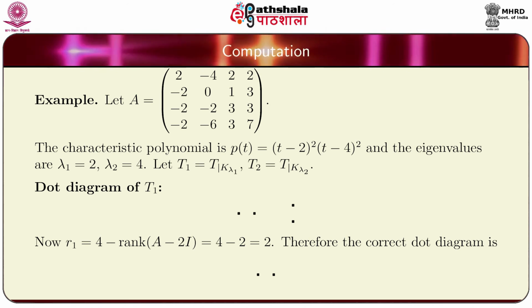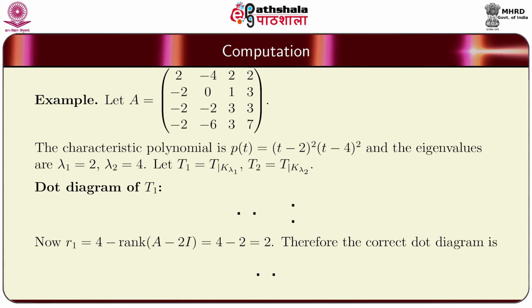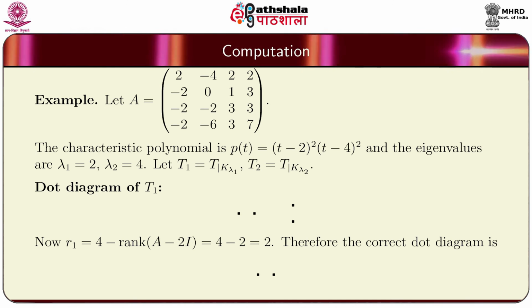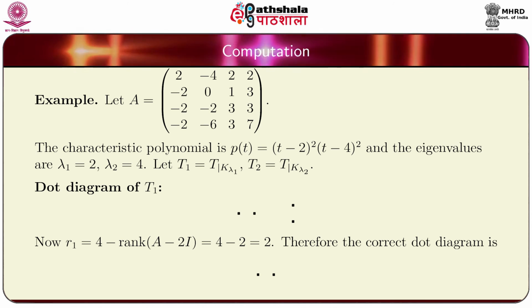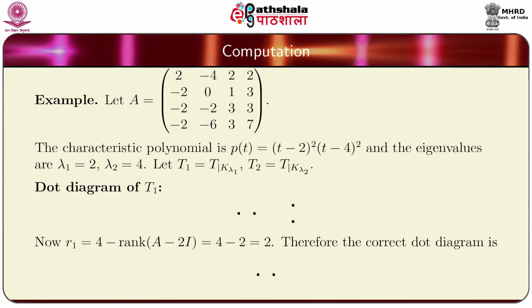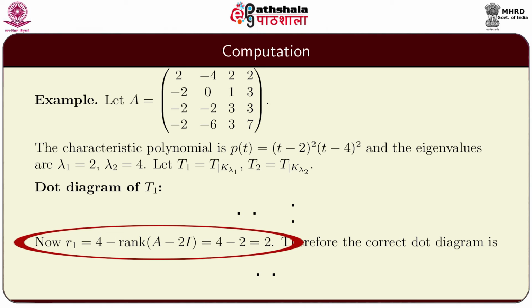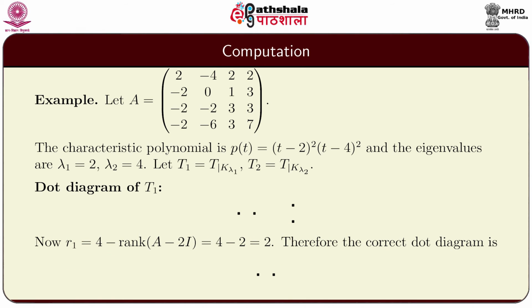Again, let us write the dot diagrams. Dot diagram of T1. So, there are these two possibilities. One is having 2 1-cycles, another is having 1 2-cycle. Now, let us calculate R1, which is 4 minus rank of (A - 2I), that is 4 minus 2, that is 2.